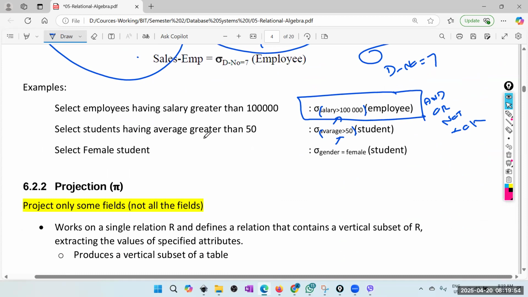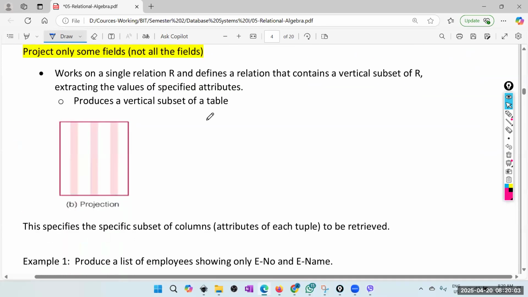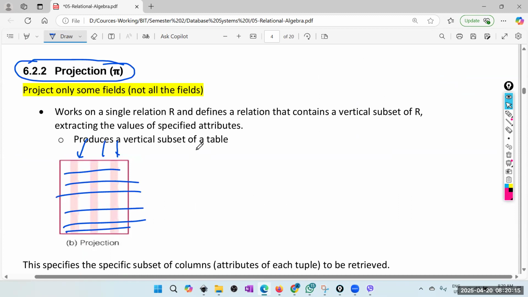The next operation in relational algebra is called projection. We use the symbol pi. Projection means from your data sets, you project only selected fields, maybe just one field, two fields, and so on. You project only some fields, not all the fields.